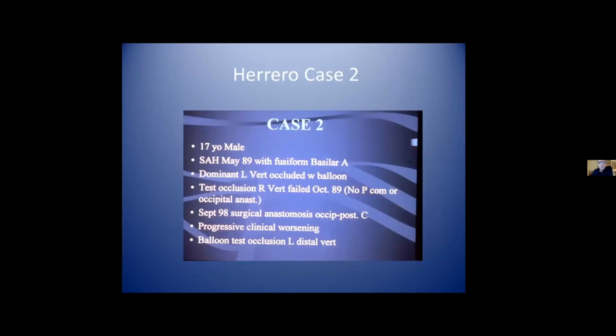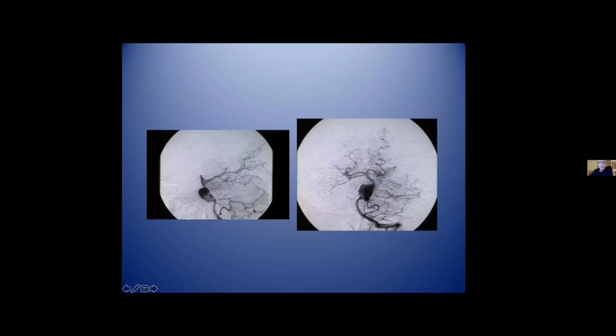This is the control. Second case, also treated in 89. Is the middle, is a young patient with a middle basilar aneurysm. Probably is the pathology of the wall of the artery. Is a young patient.